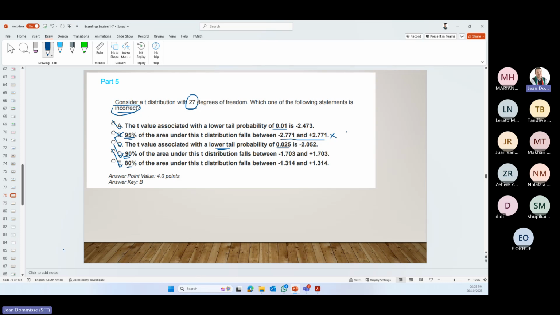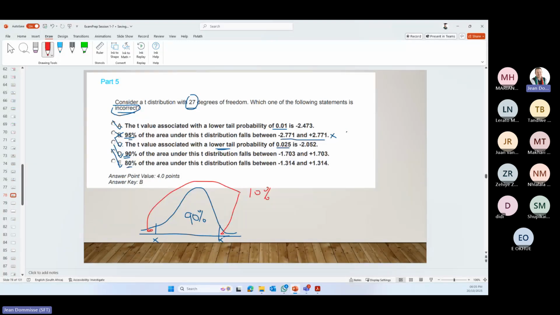Okay, so the reason why we divide by 2 is that the t and the z are very similar. And you can look at it from a confidence interval point of view, always an upper, always a lower. So if here is 90%, then what is left is this part and this part, and they are both together equal to 10, because 10 plus the 90 gives you the total 100.